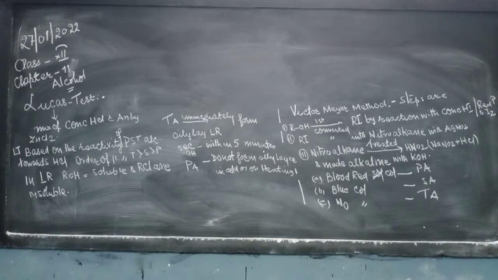Tertiary alcohol immediately forms oily layer with Lucas reagent. Secondary alcohol forms oily layer within 5 minutes. And lastly, primary alcohol does not form oily layer in cold or on heat. So this is all about Lucas test.